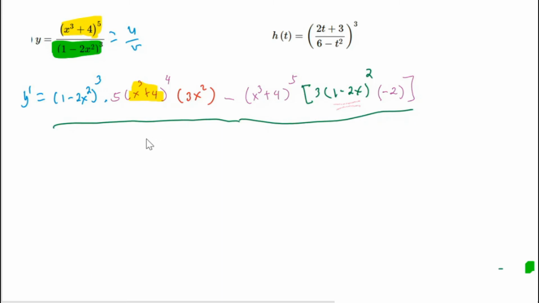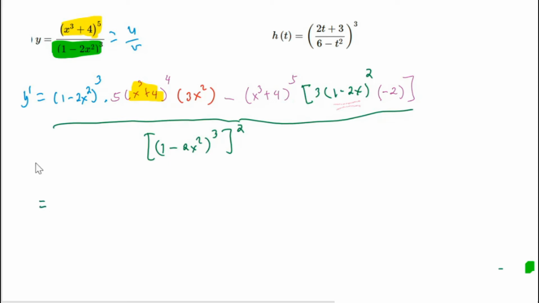So we can write now 1 minus 2x squared, raised to the power of 3 according to the given, but that is still v. But we need to square the v, so the given denominator will be raised to the power of 2.